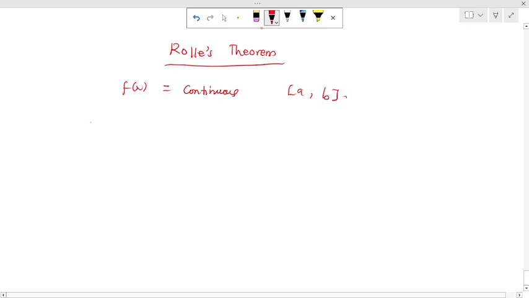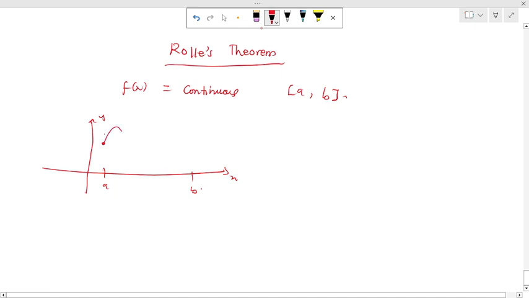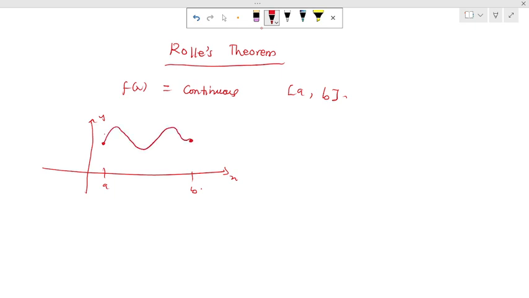Let me draw this graphically. Here is x, here is y, and I have point A and point B. My function f of x is continuous, starting from A, it will move towards B. Now our f of x is continuous over [a, b], that is what I've shown.